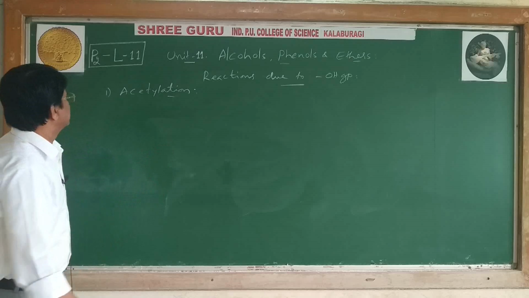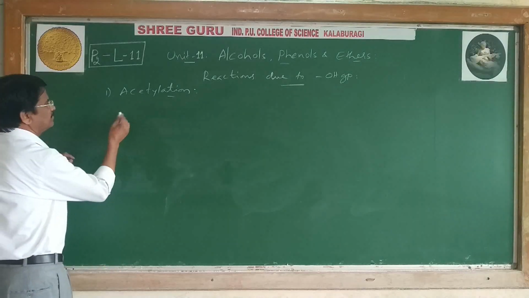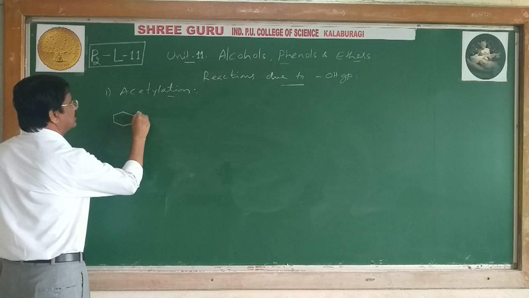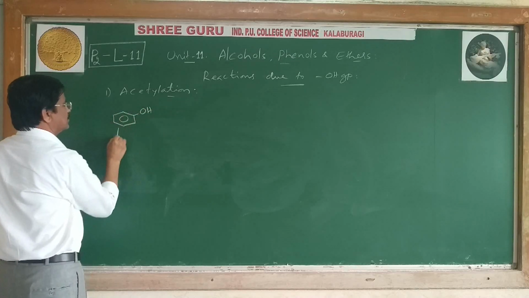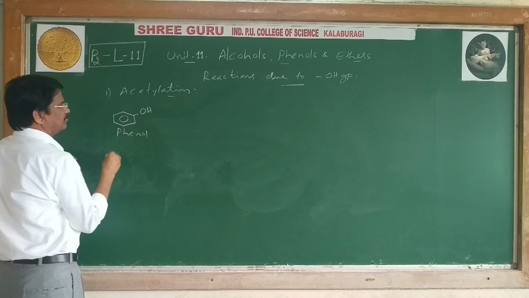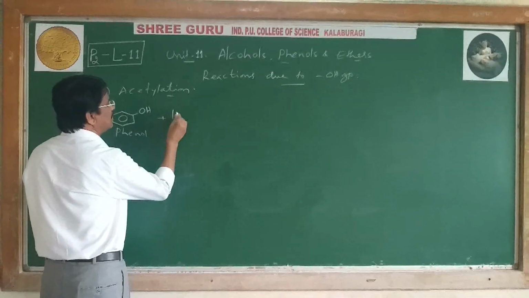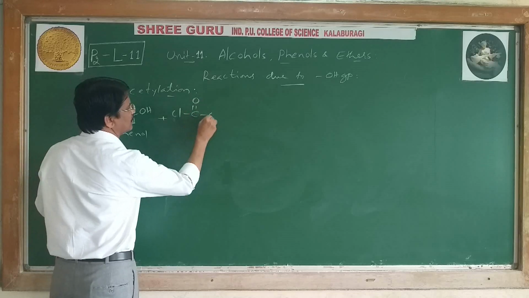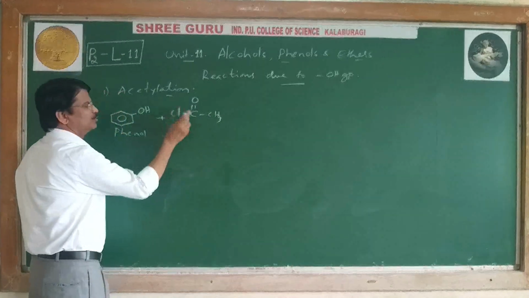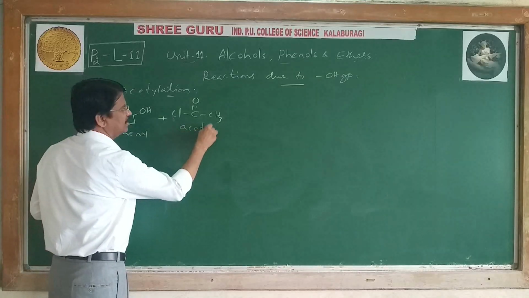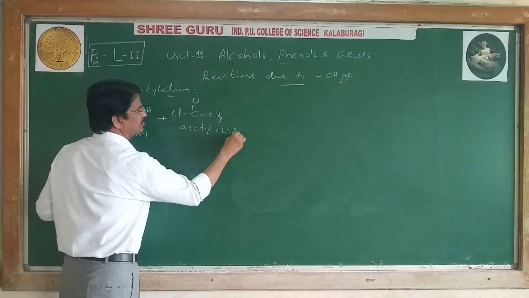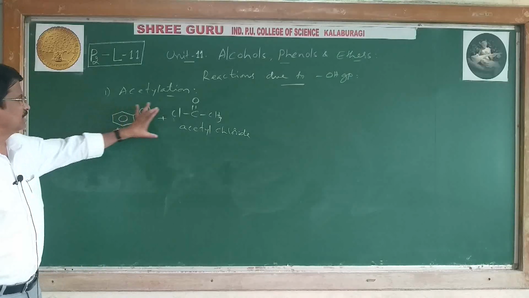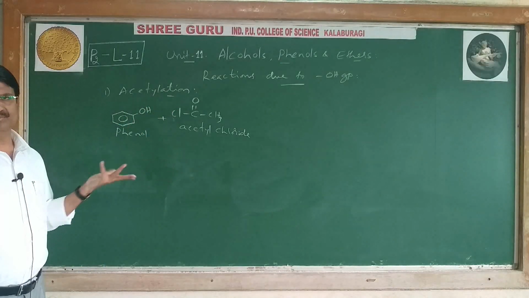Okay. Now in acetylation, see here, a benzene ring with an OH group. This is called phenol. Acetyl chloride, CH3COCl. Phenol reacts with acetyl chloride or acetic anhydride, both we can write.